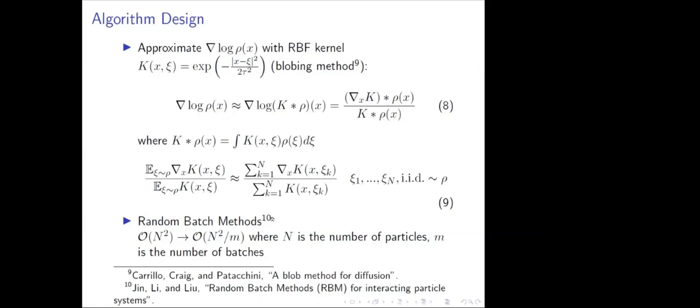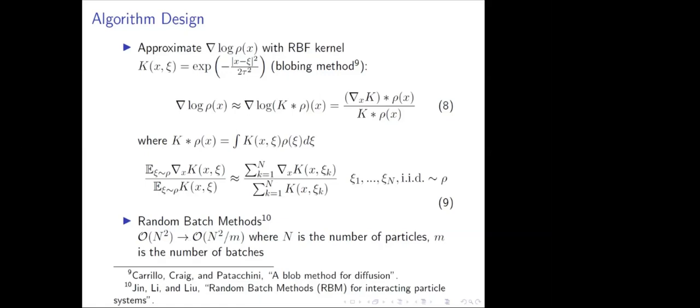We can apply the random batch method by simply dividing the total number of particles into m batches. Then for a particle in each batch, to evaluate the gradient log rho, we don't need to use all the n particles. We just need to use the particles in the same batch as that particle. By doing this, we're able to reduce the computational cost from O(n squared) to O(n squared divided by m).